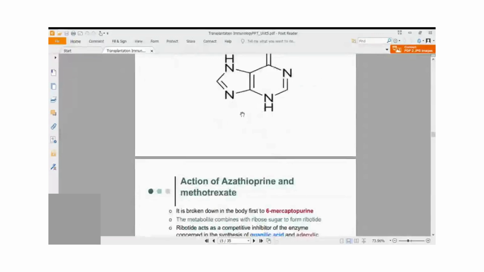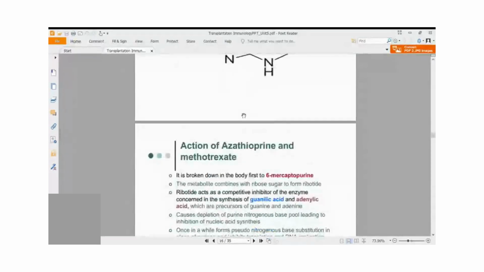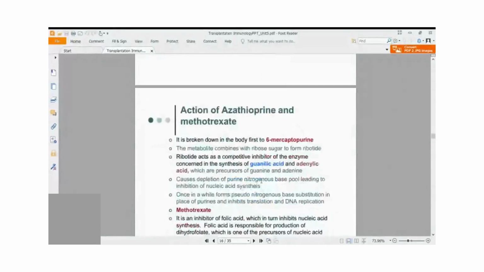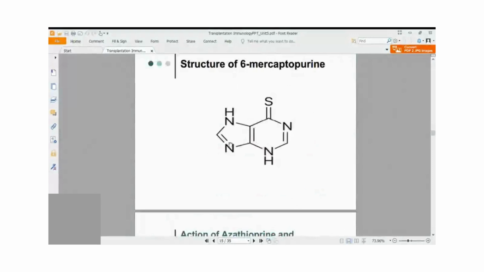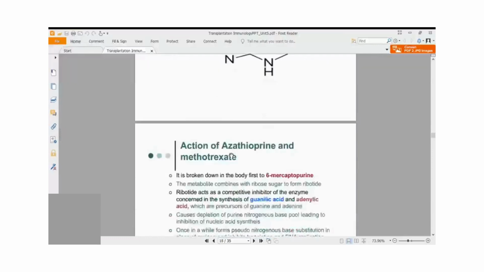So, what are the other mechanisms of inhibition by 6-mercaptopurine? Azathioprine by itself will not be active. It has to be broken down in the body to 6-mercaptopurine. And then when it is broken down to 6-mercaptopurine, it has the ability to bind to ribose sugar in this region of the nitrogen, or deoxyribose sugar, and form a pseudo-nitrogenous base of the DNA or RNA.